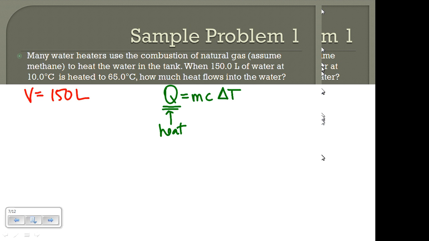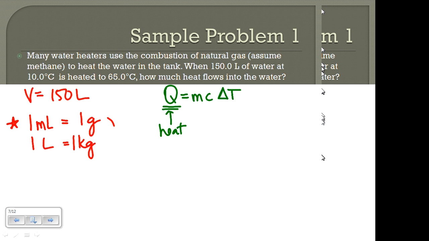To find the mass of water, I'm not given that in the question, but I am given liters. As a side note, 1 milliliter of water is the same as 1 gram of water. So 1 kilogram of water is the same as 1 liter, or 1,000 milliliters.